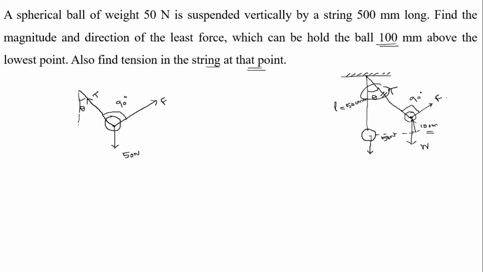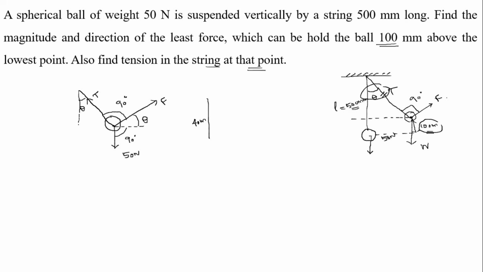Clear. Now draw a horizontal line here, and the angle is equal to 90 degrees. So the remaining angle is equal to theta, clear. Now take the triangle. Draw a horizontal line, because this is 100 mm.